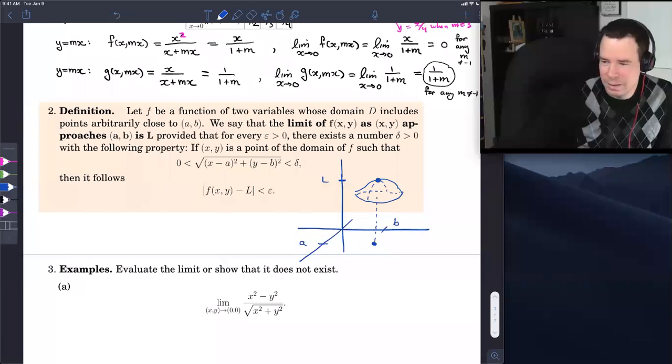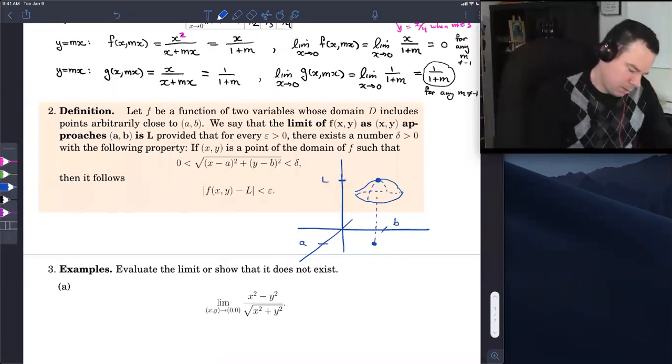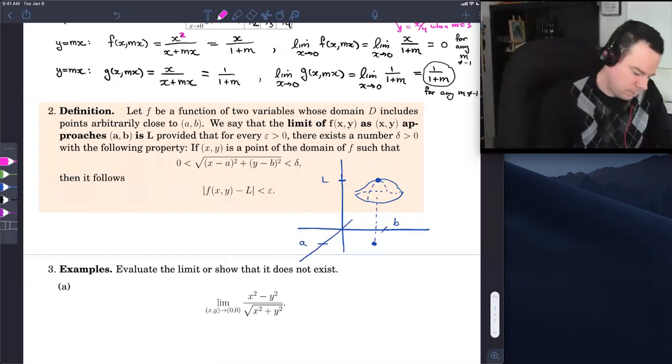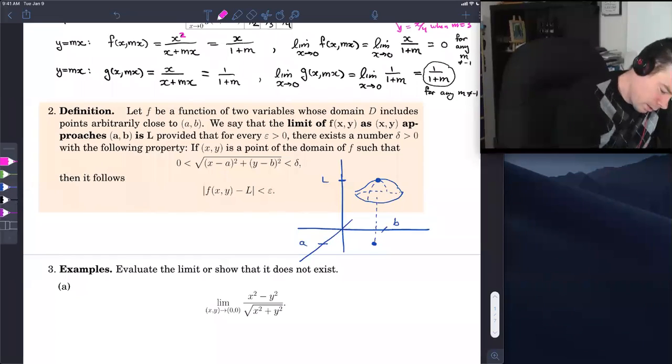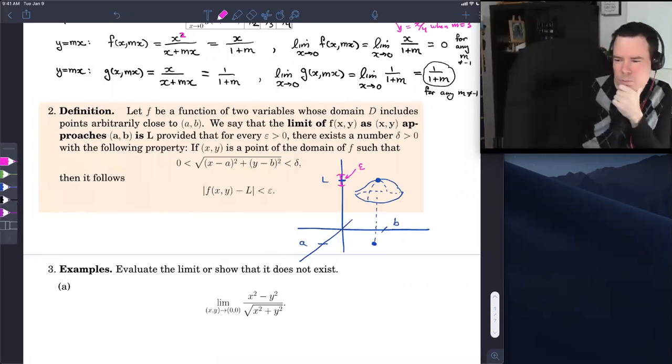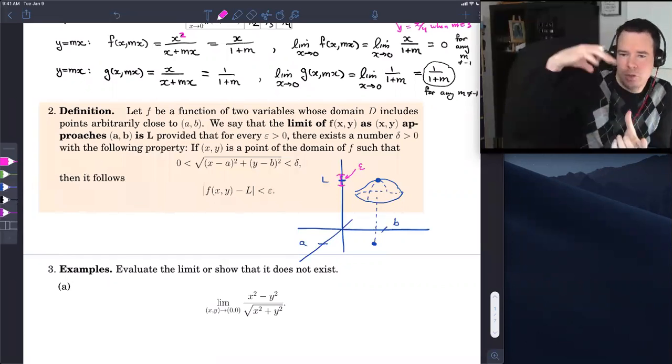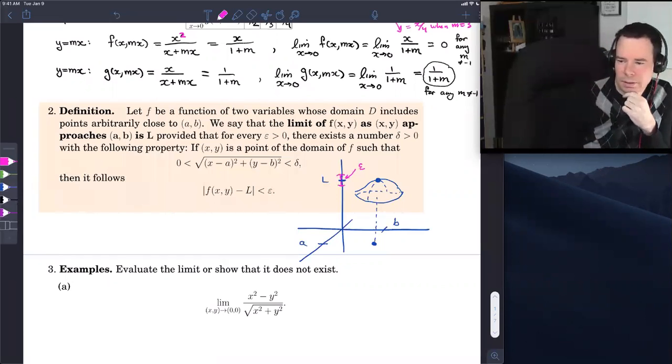And what this says is, yes, that is the limiting value, provided the following happens. Provided I can take a small interval around L, that's where the epsilon comes in. So that distance between the edge of that interval and L is epsilon.